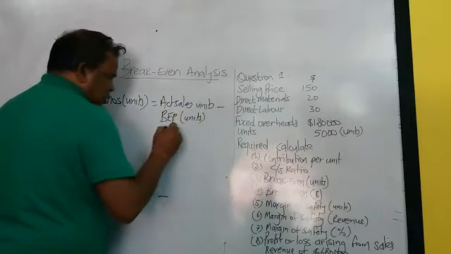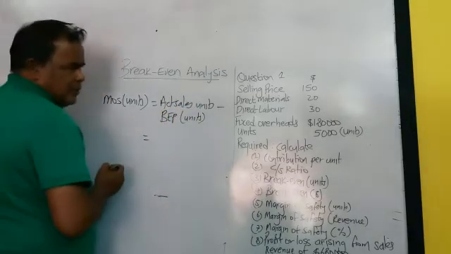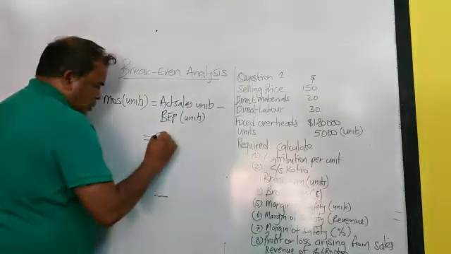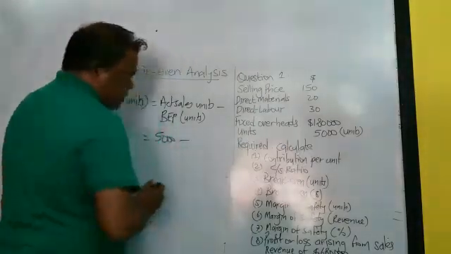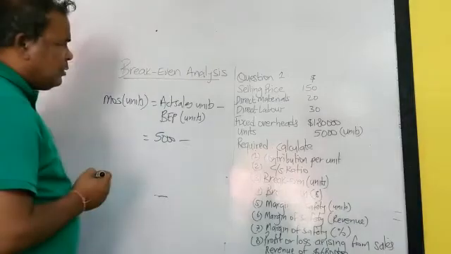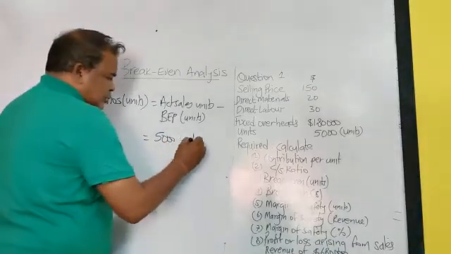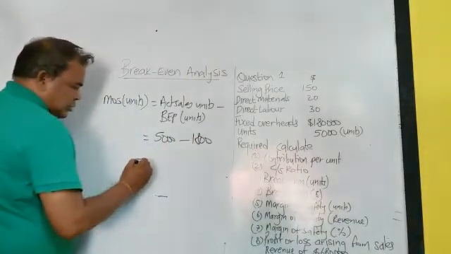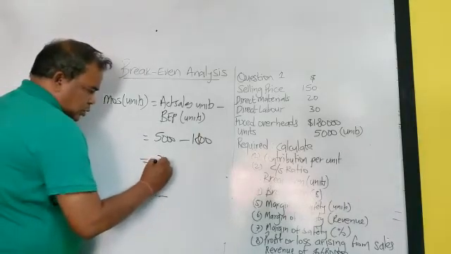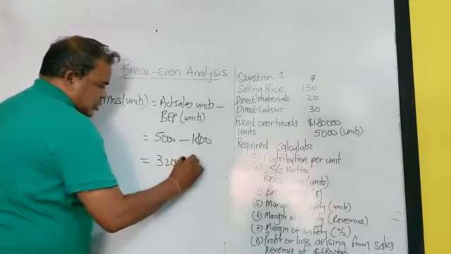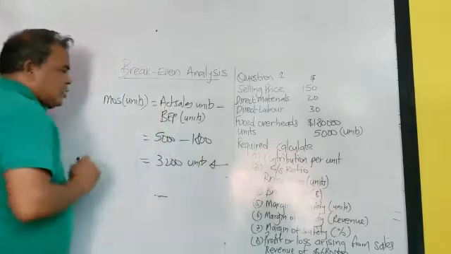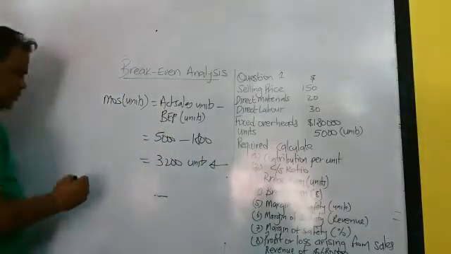We replace actual sales units 5000 here, less break-even units 1800. That gives us 3200 units. This is the margin of safety.